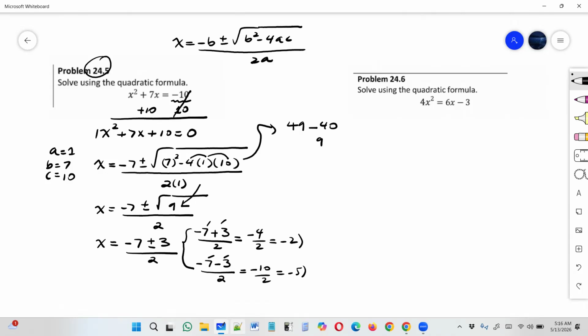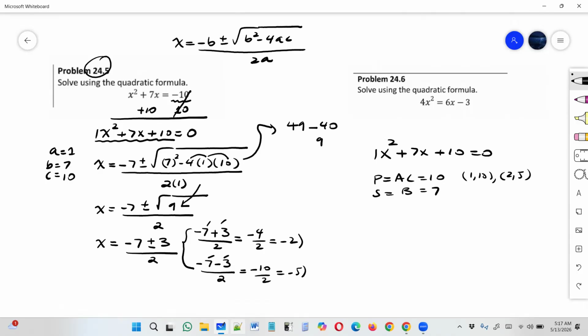Well, first of all, those are the solutions to the equation, but in addition, that means that the original equation was factorable. We can take a look and try to solve by factoring, right? AC method again, A times C, which is 10, and the sum, which is b, which is 7. So it's either 1 and 10 or 2 and 5. And you can see it's 2 and 5 because the product is 10 and the sum is 7.